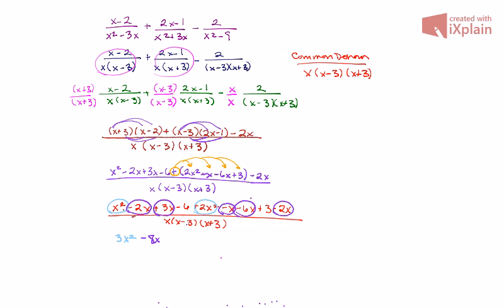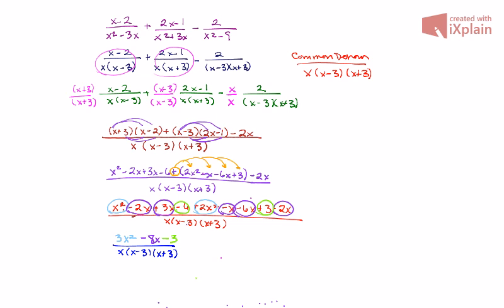Okay, and then I also have a negative 6 and a positive 3, so I have a negative 3. Okay, and again, that is going to be all over x times x minus 3 times x plus 3.